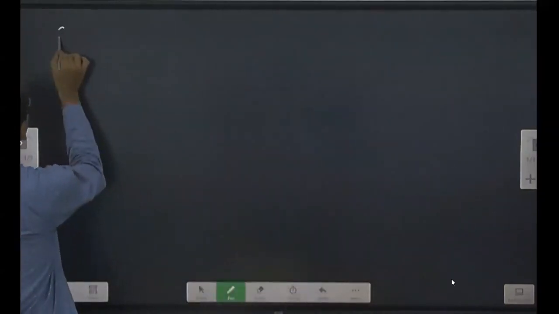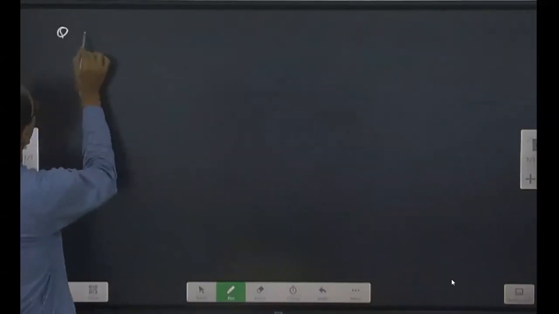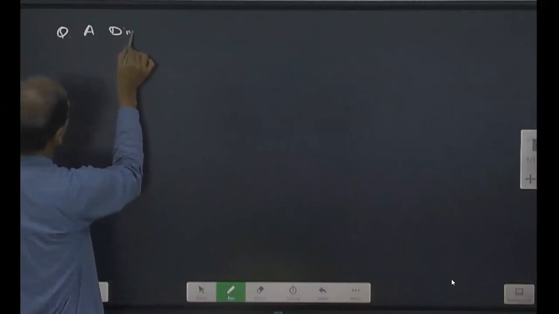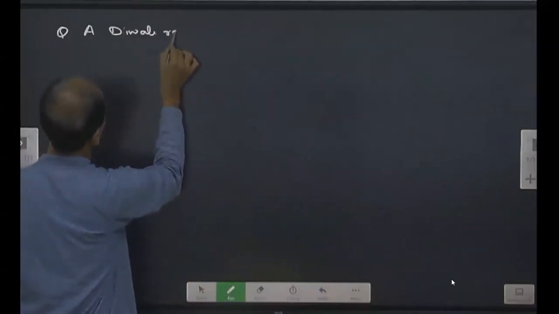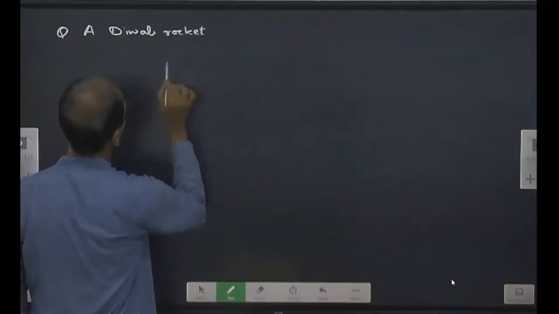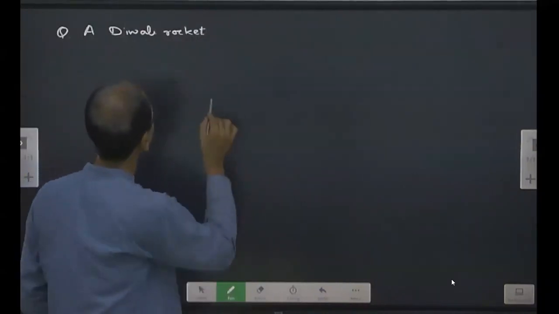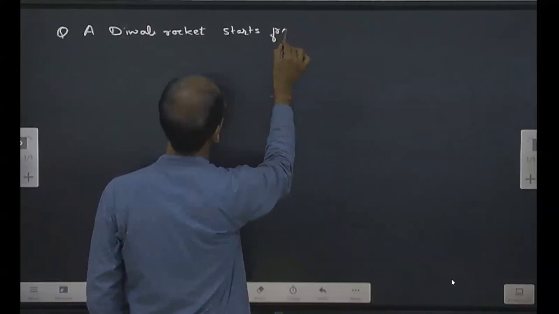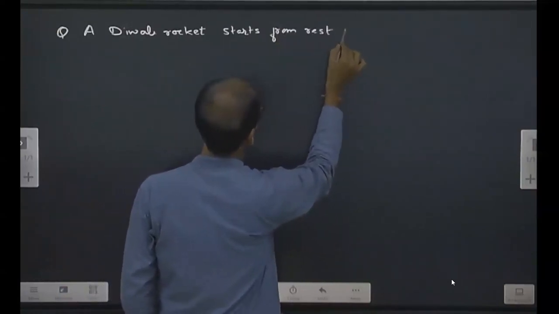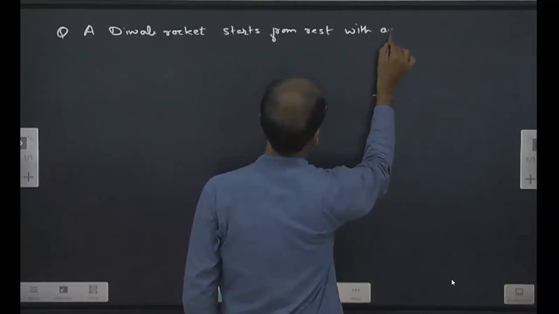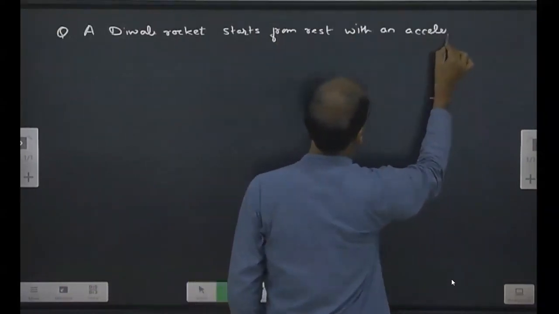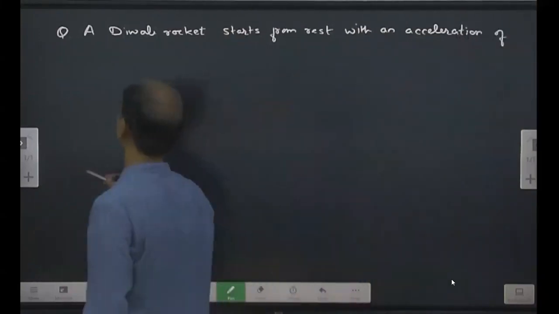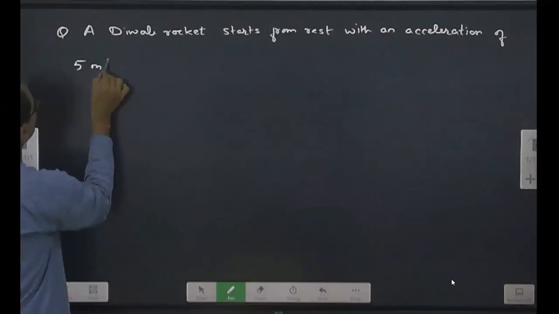Question is, a Diwali rocket starts from rest with an acceleration of 5 meters per second square.